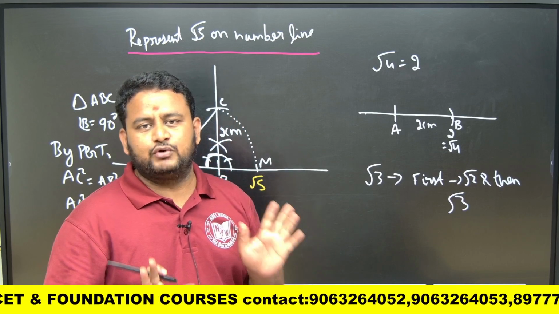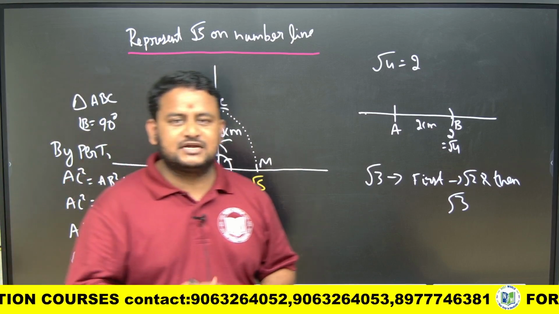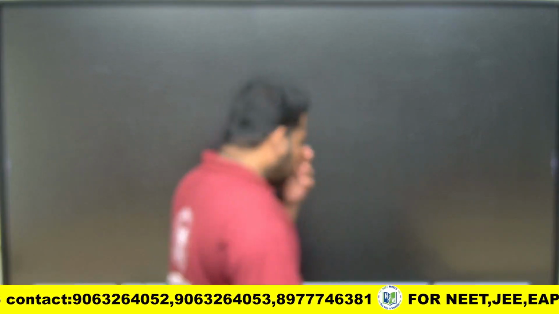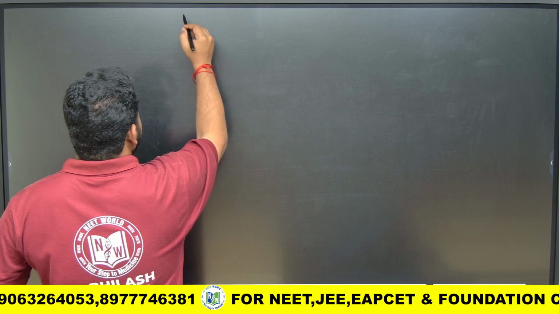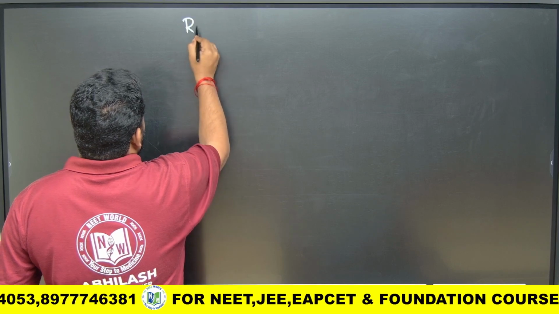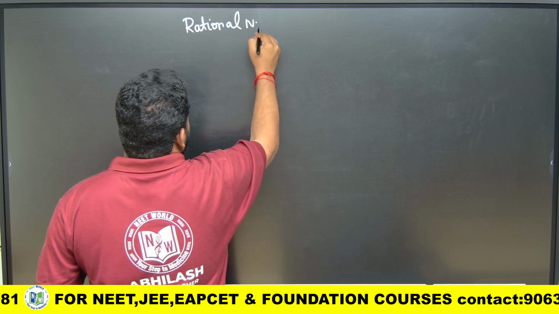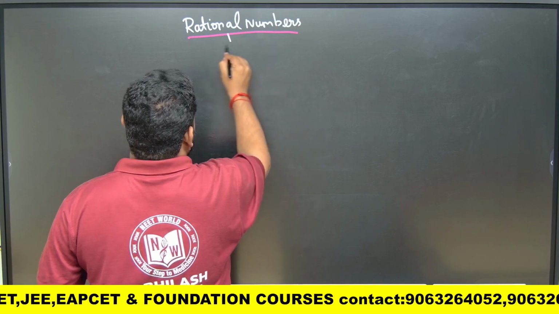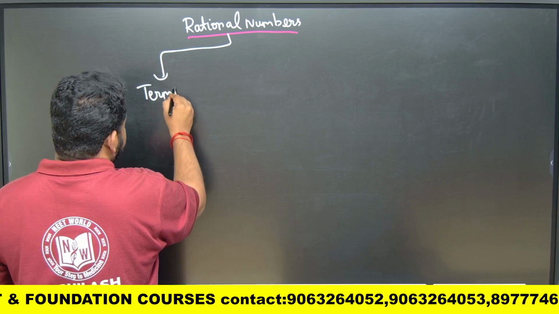This is about exercise 1.2. Now, before going to exercise 1.3, I need to tell you certain basics. What are those basics? Let us see. When it comes to exercise 1.3, we learned certain things about rational numbers. The properties we have are, they are terminating.